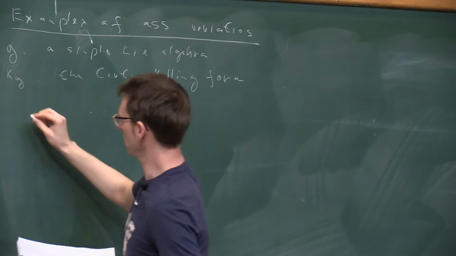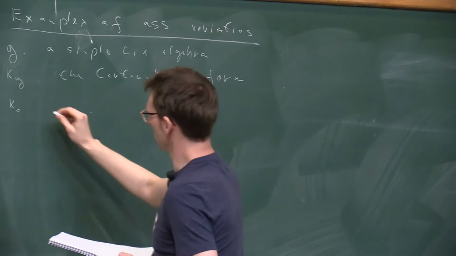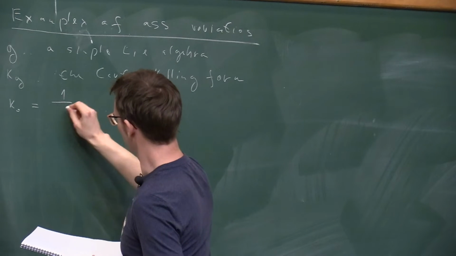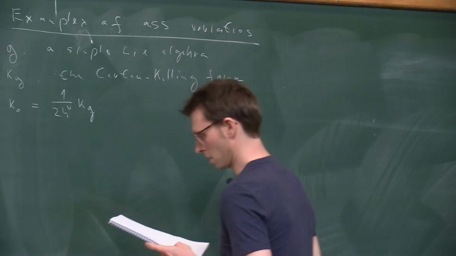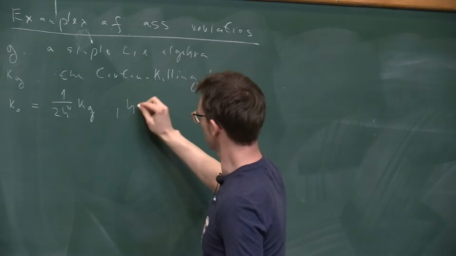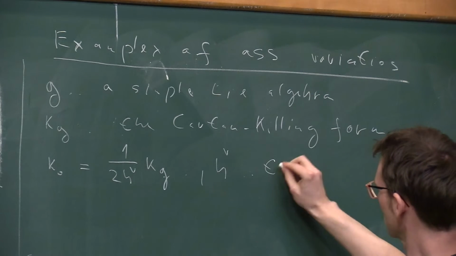I will also need another bilinear form, which is the properly normalized Cartan-Killing form, and h^∨ is the dual Coxeter number.